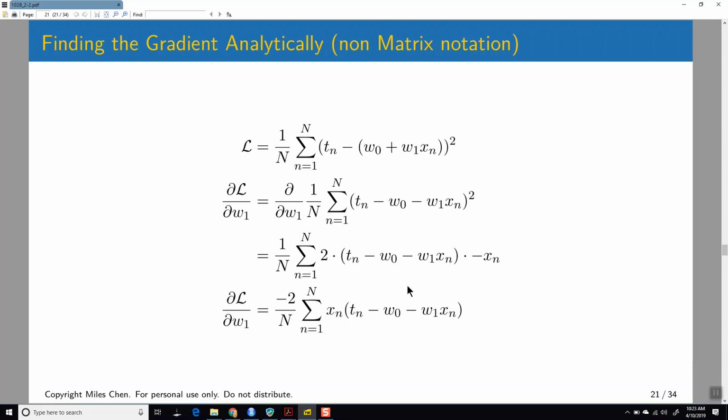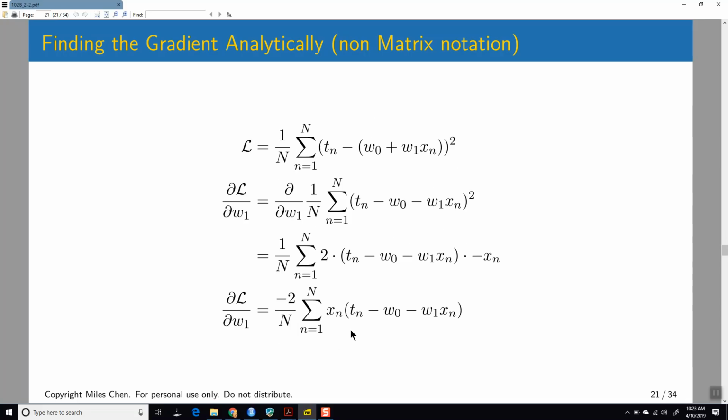Then if we do the same thing with respect to W1, you take the squared value, bring the 2 down, apply chain rule to W1, and so you'll have a negative multiplied by a negative xn term, and the partial derivative with respect to W1 looks like this. So you have two components.